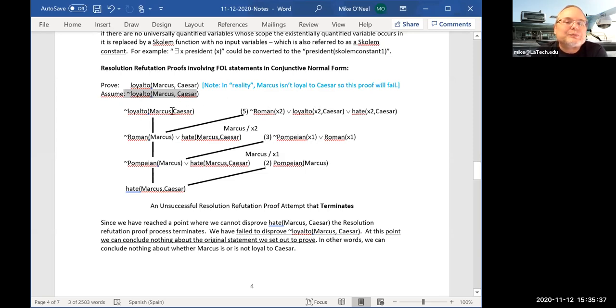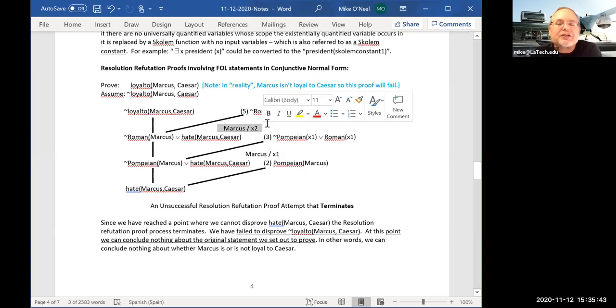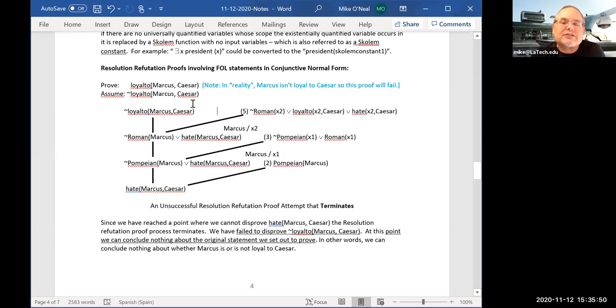Now, the only new thing you're doing is mapping objects to variables. If I believe that Marcus is not loyal to Caesar, I have a general rule to talk about Romans loyal to and hate, right? And it has a variable in it, x2. I bind x2 to Marcus so I can use this thing here.